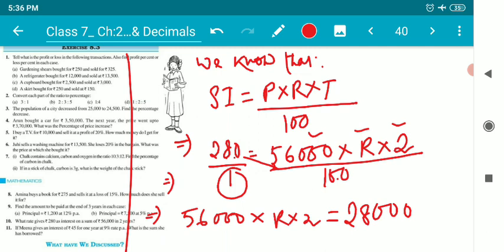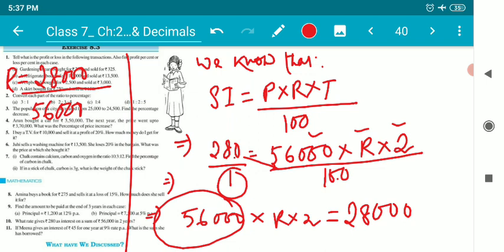Now children, we will use the concept of linear equation. R is equal to 28,000 divided by 56,000, because the moment we are transposing 56,000 from the left hand side to the right hand side, it will be divided. As it was multiplied here, it will be divided. So 2 will also be transposed to the right hand side. 2 will be coming down. Now I am cancelling 2 with 28,000.